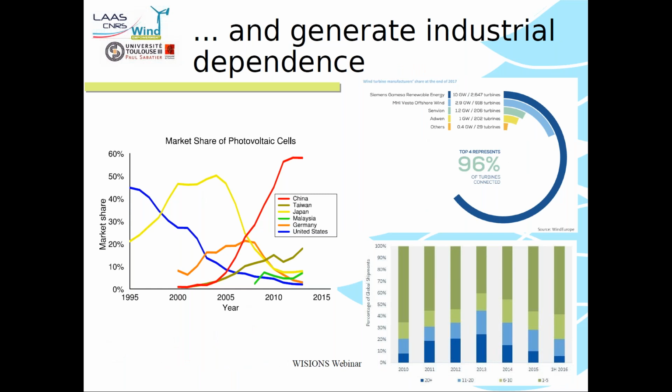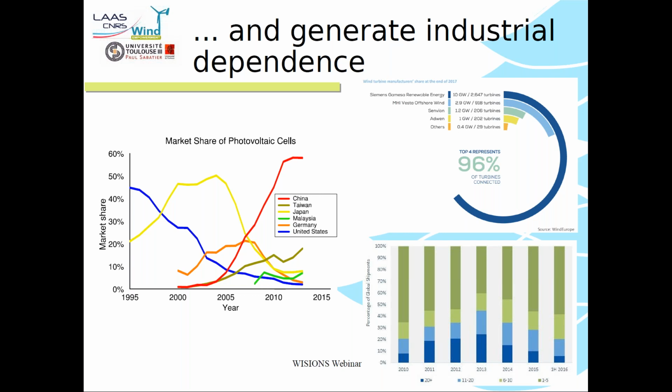Just look at some of these slides on the left. You can see the market share of photovoltaic cells in the world since 1995. And the red line here is obviously China, and it grows and grows and grows, and they are becoming a major player, and obviously a monopoly on the production of photovoltaic cells.